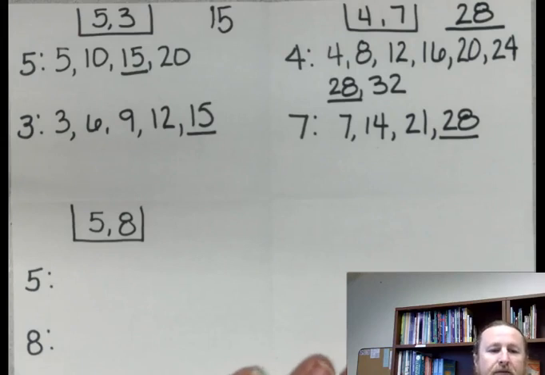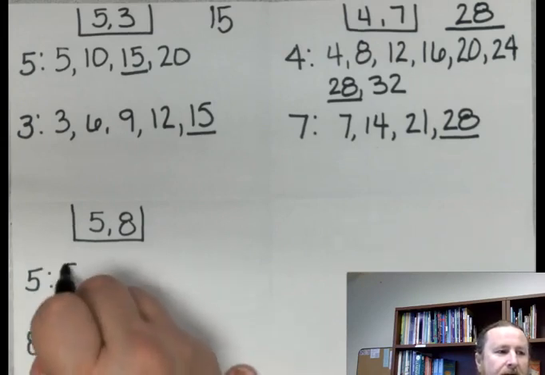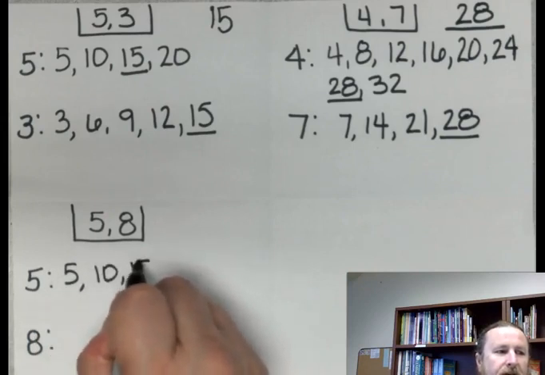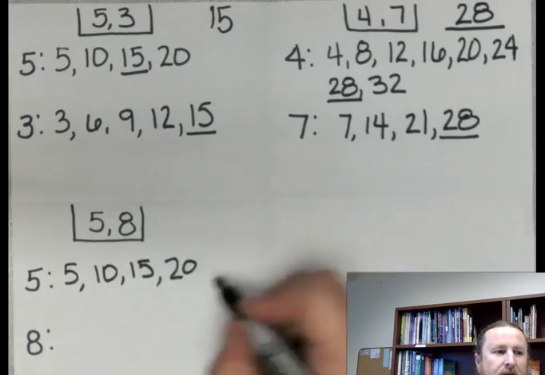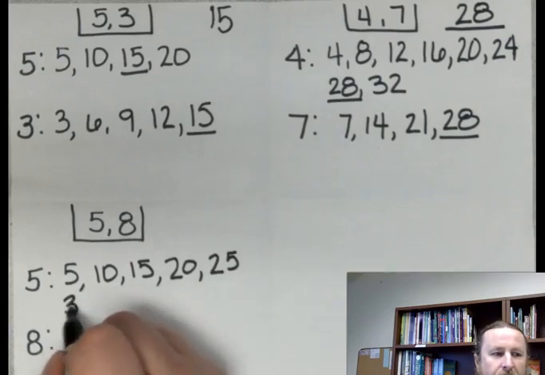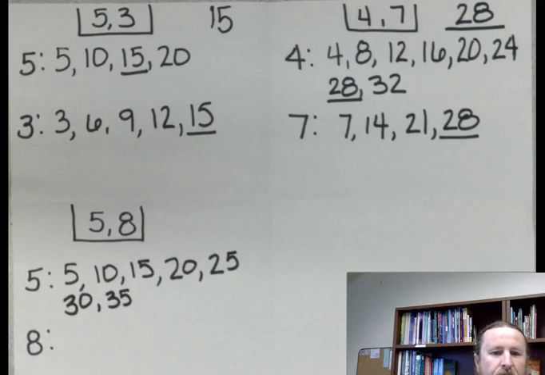Lastly, we will look at 5 and 8. So we're going to list the multiples of 5 again and say 5, 10, 15, 20, 25, 30, 35, and 40.